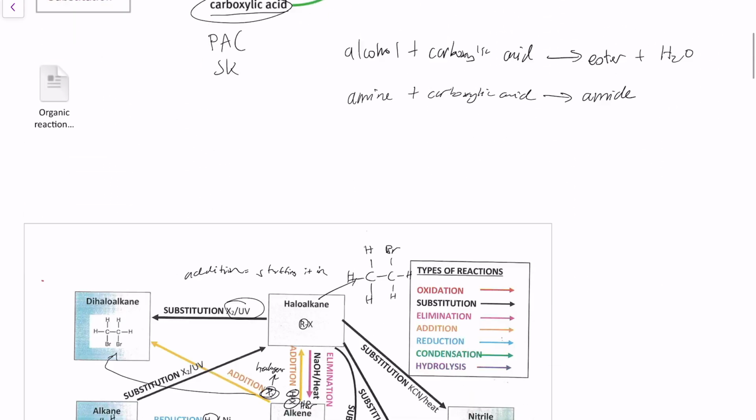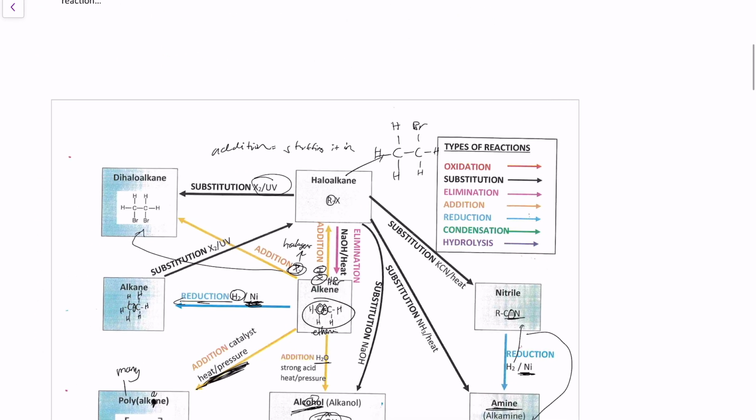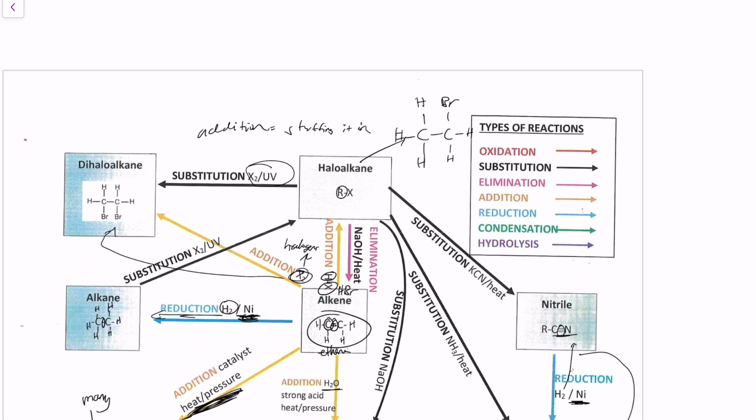So we've done addition. Now let's look at elimination. So there's really one elimination reaction we need to worry about, and that's just the haloalkane to the alkene. So we can basically reverse that addition reaction if we add sodium hydroxide, NaOH, and heat, then we can form that haloalkane back into an alkene.